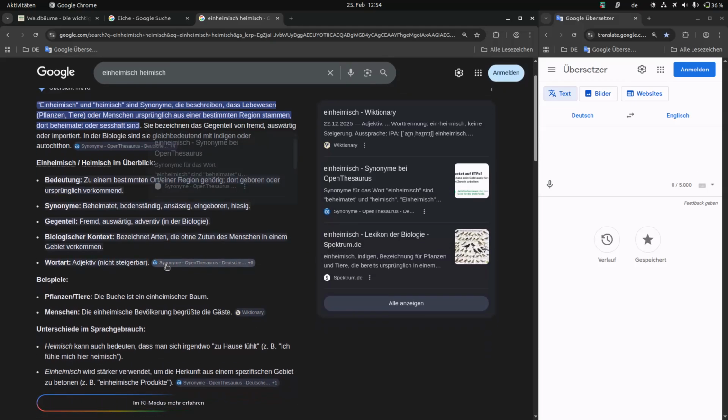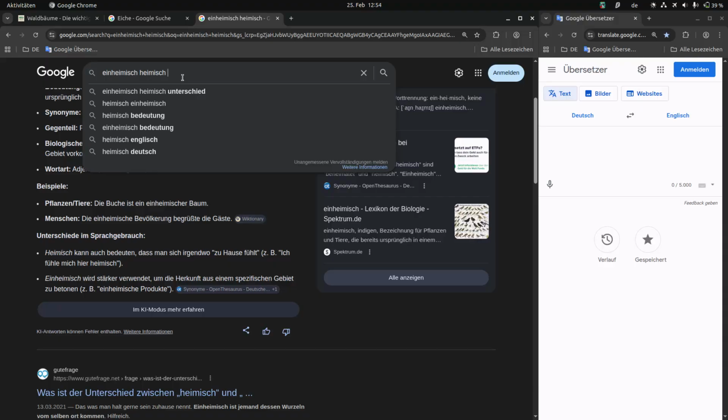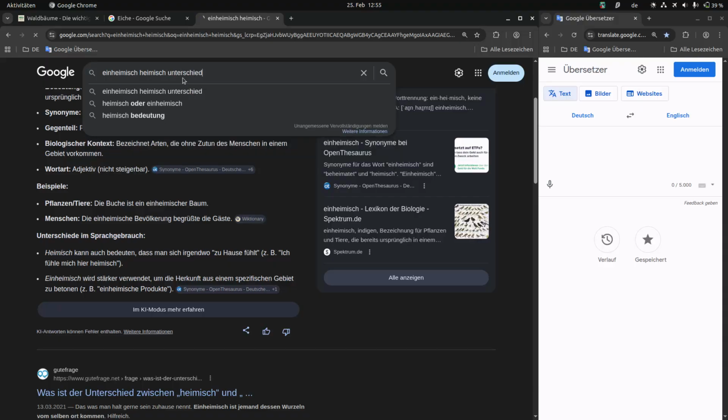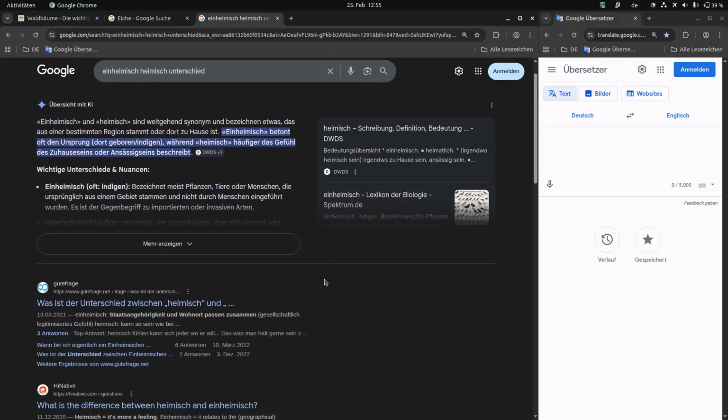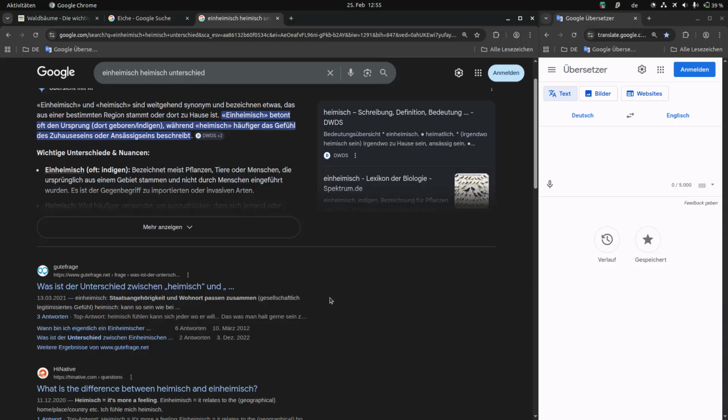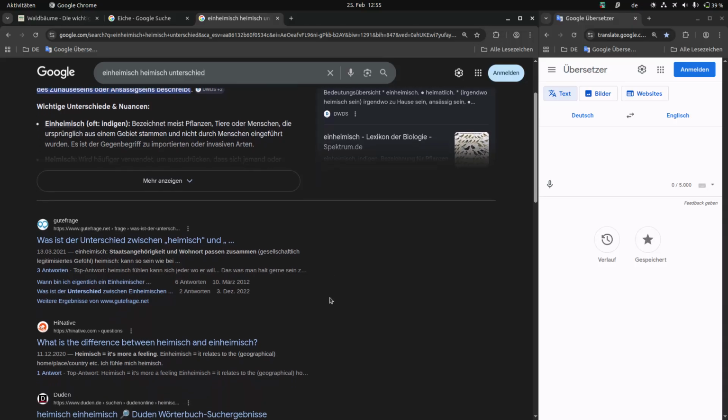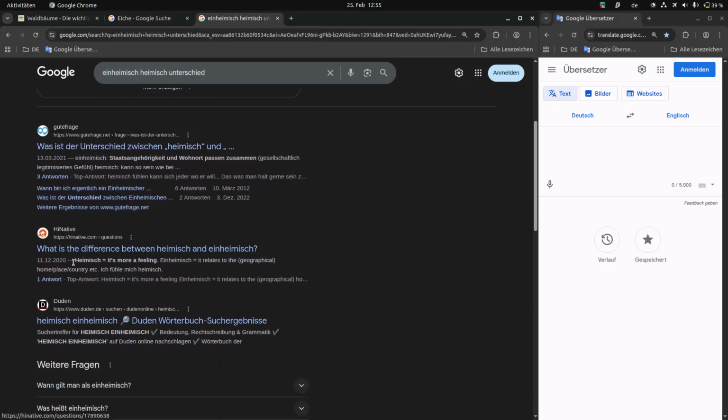Unterschied, maybe. Unterschied means difference. So, yeah, apparently, as it said here, heimisch is more a feeling. Einheimisch relates to the geographical home place, country.